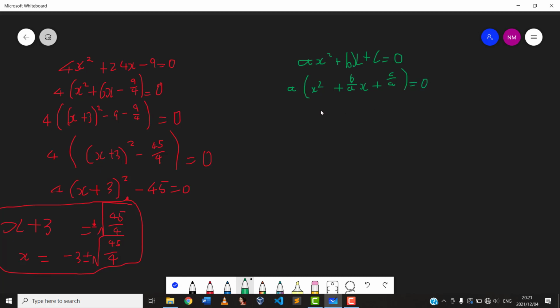And now we can divide both sides by a if we want to get rid of this annoying a coefficient here. So 0 over a is 0 and a over a is 1, so we can just put this as x squared plus b over a x plus c over a equals 0.